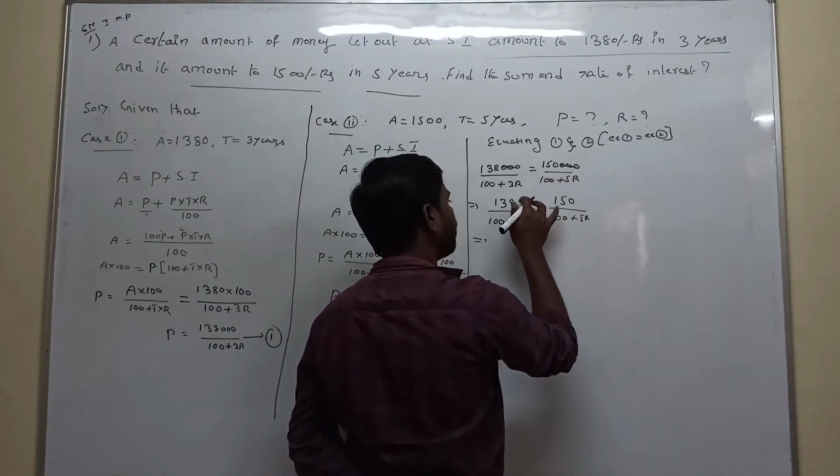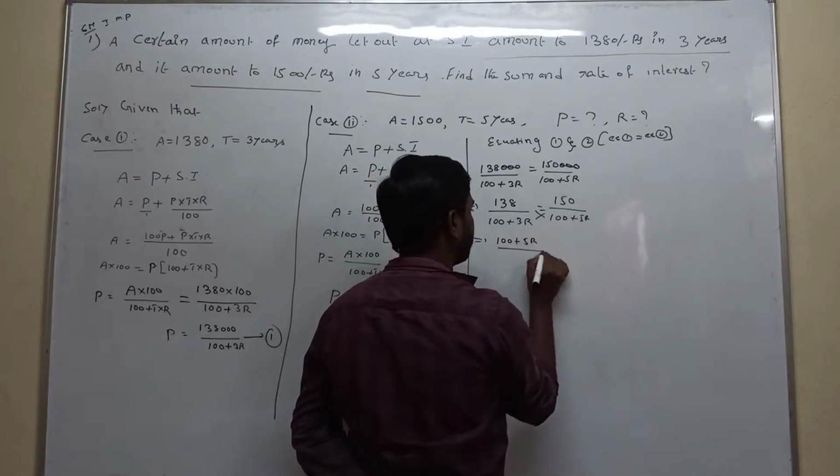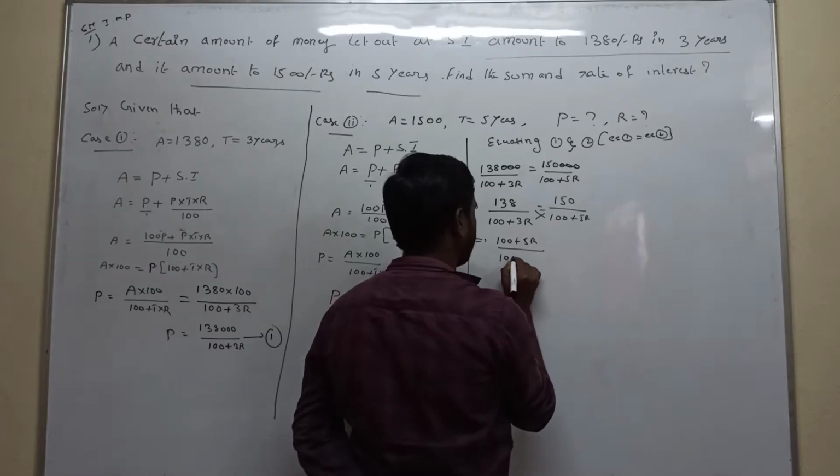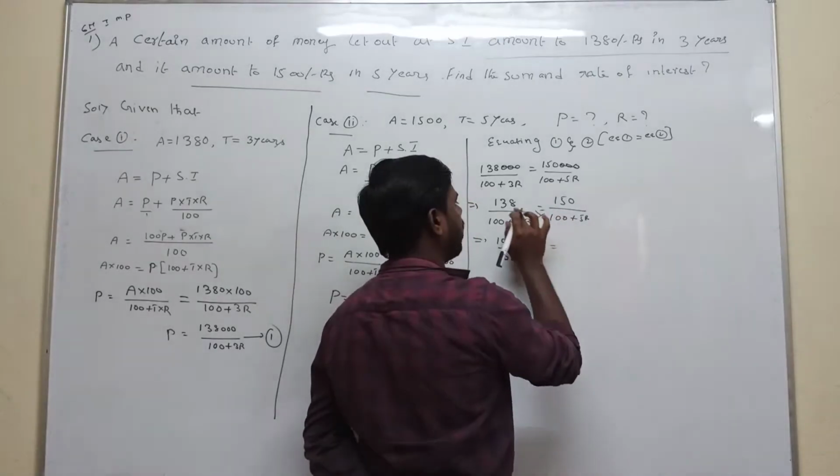Now interchanging the values, this value goes to the left hand side numerator: 100 plus 5R divided by 100 plus 3R. Or else you can apply the cross multiplication method.